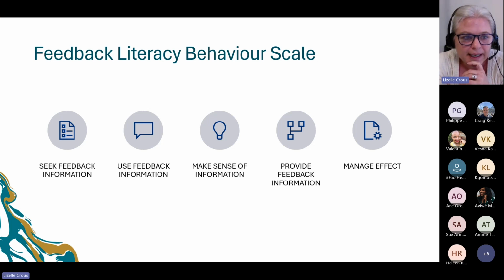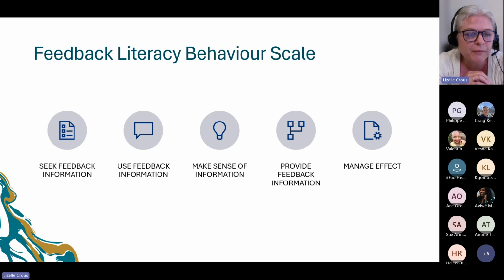So the 5 behaviors that we want to see: the first one is seek feedback information, which is eliciting feedback information from a variety of sources, including their own notions of quality and examples of good work. So what sources are they looking at, and are they drawing on to receive feedback from?